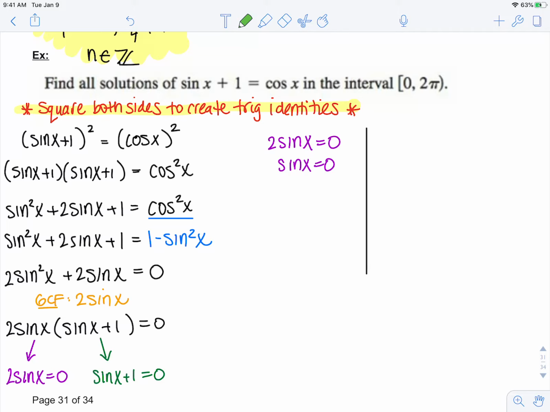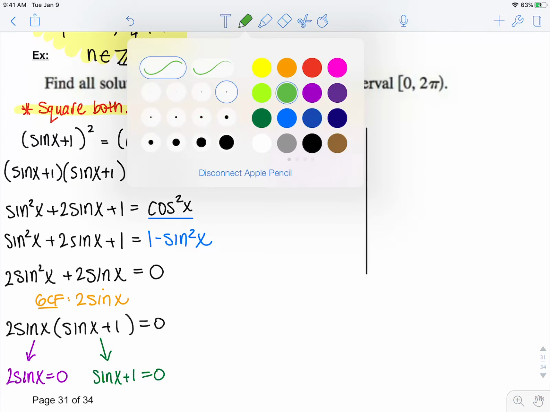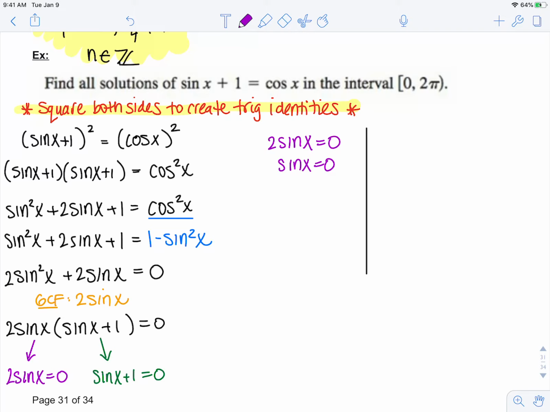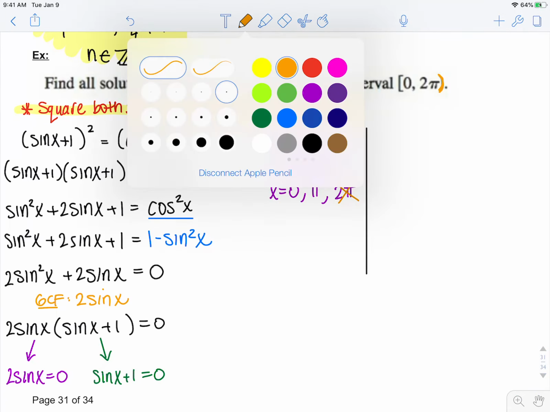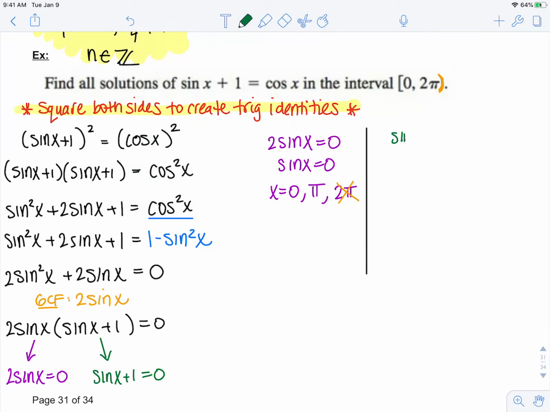So I want everything including 0 up to not including 2 pi, where sine is 0. Now, whether you use your unit circle or you envision the curve of sine in your head, we know that sine x is equal to 0 at 0 and pi. And actually, you could say 2 pi, but remember, we're not including 2 pi, so that's not part of our answer. So now we also need to check sine x plus 1 equals 0.